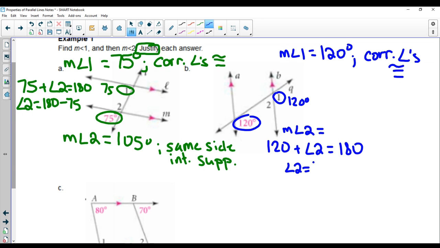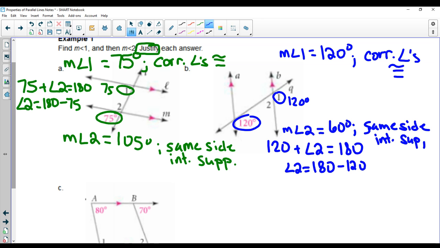So with a little subtraction, 180 minus 120 should give me angle 2. And it does. It gives me the 60 degrees. How did I get that? Same side interiors are supplementary. Okay?